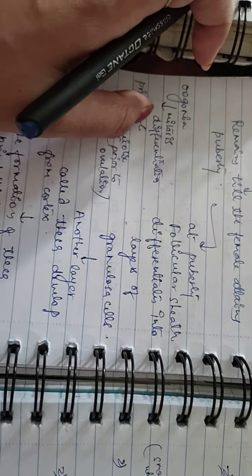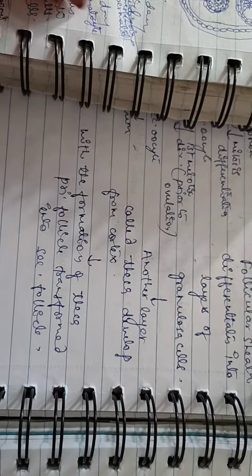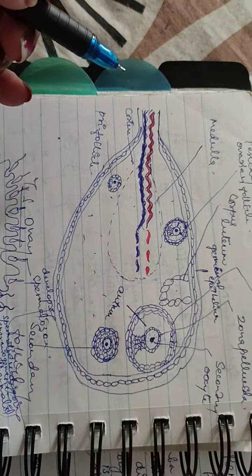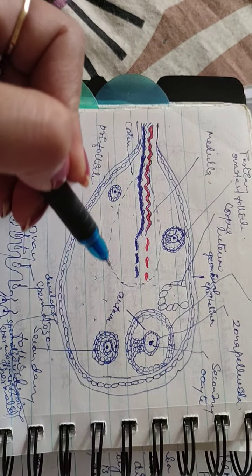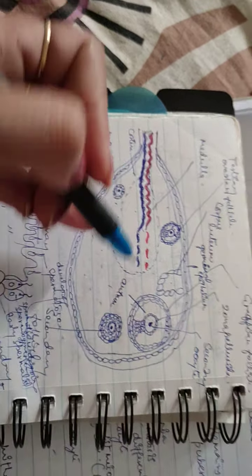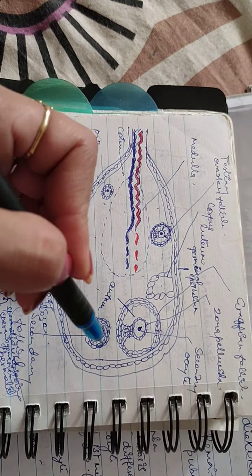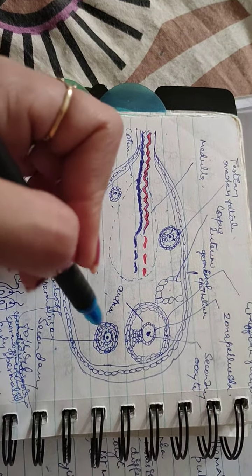At puberty, the follicular sheath differentiates into layers of granulosa cells, and another layer called the theca develops from the cortex. You can see in this diagram, this is the cortical region and there is theca developed, and so many layers are gathered around.